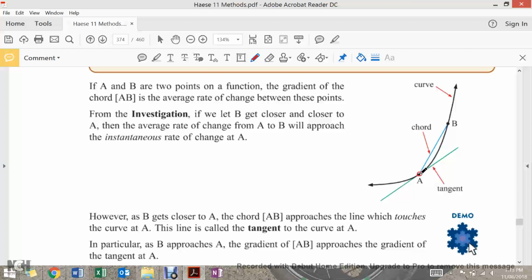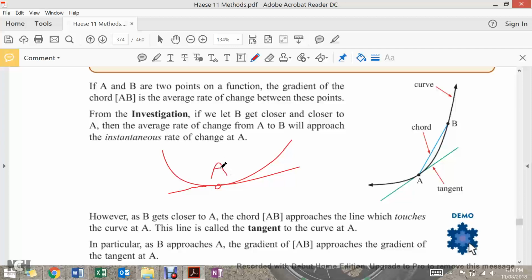However, if I want the instantaneous rate at A, I can't use that method, because as you can see, this line here does not represent the slope at A. The slope at A is simply the tangent line to that point A. Now, for those of you who might not remember, a tangent is a line that just touches a curve at that exact point.